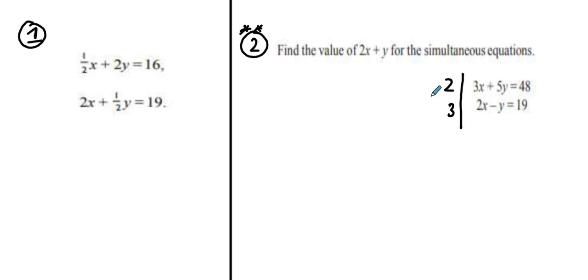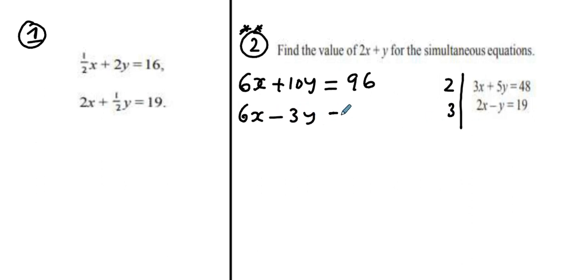So 2 times 3x is 6x. 2 times 5y, this will be 10y. And 2 times 48 will be 96. 3 times 2x, this will be 6x. 3 times negative y, this will be negative 3y. 3 times 19, that will be 57.